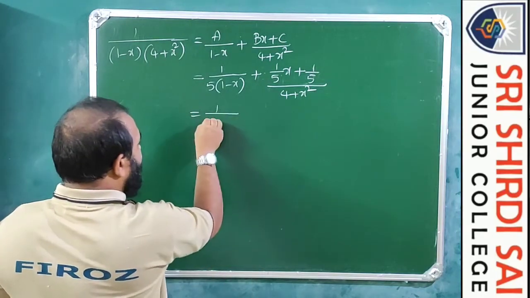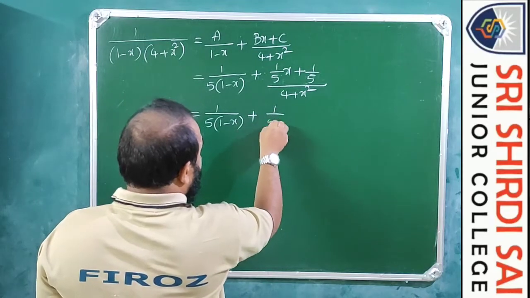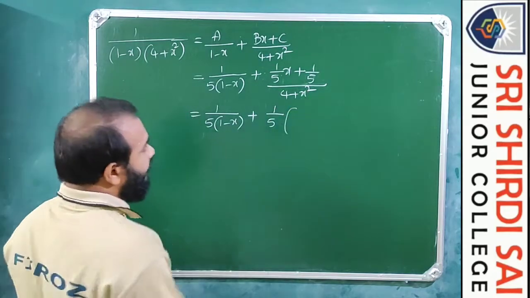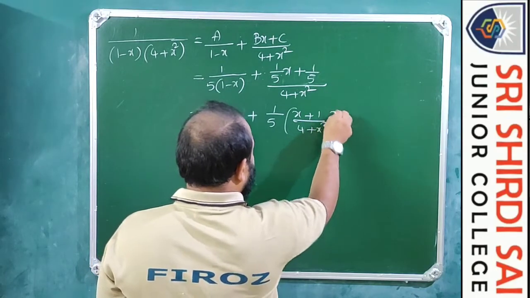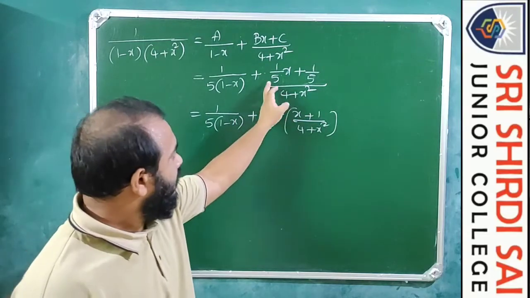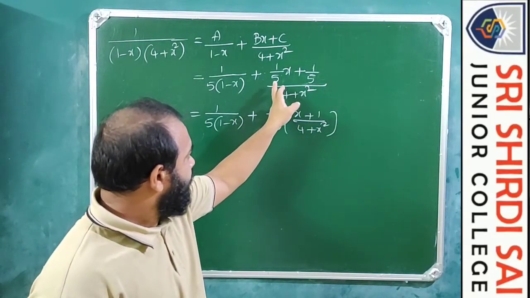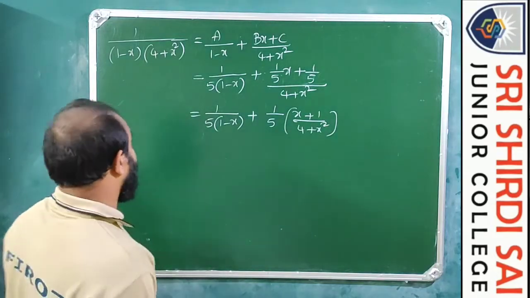So this is 1 by 5 into 1 minus x, plus 1 by 5 taken aside, then x plus 1 by 4 plus x square we get.